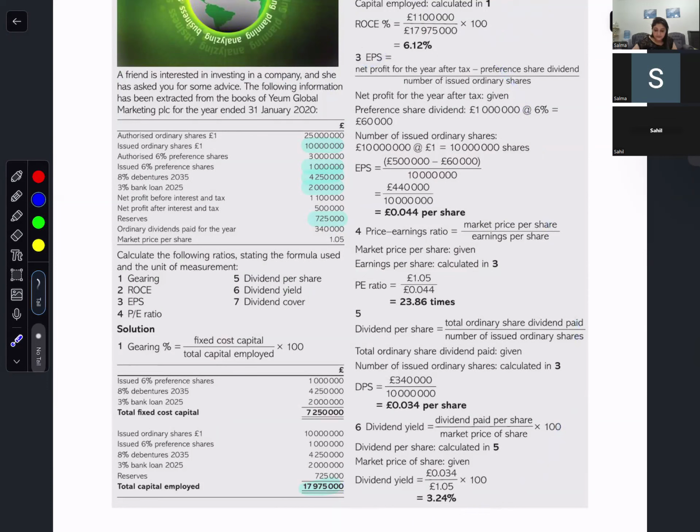Earning per share. How do you get earning per share? Net profit after interest and tax minus the preference share dividend, and then divide it with the number of issued shares, which is 10 million. How do you get the preference share dividend? 6% of 1 million.